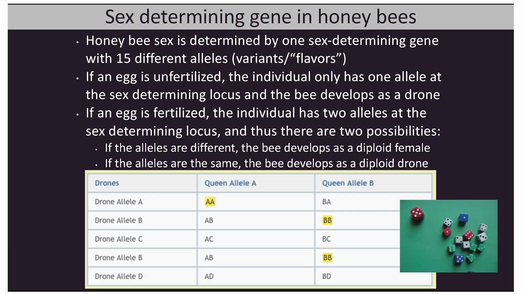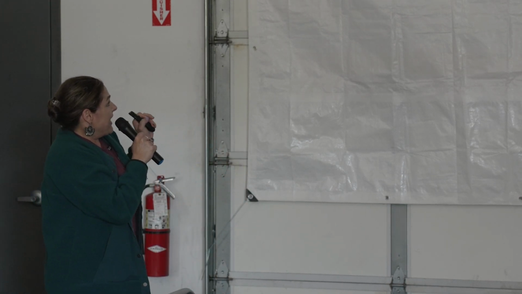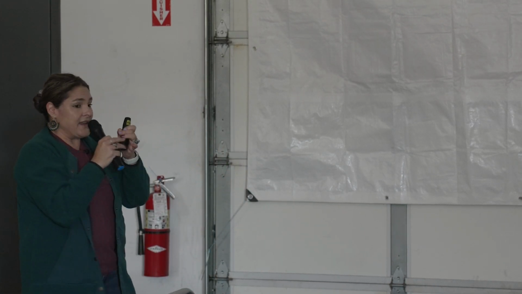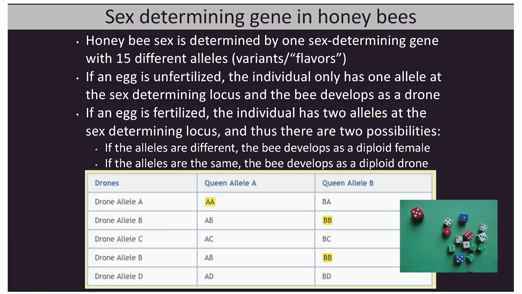What's very interesting in sex determination in honeybees is when the egg is fertilized. If that egg is fertilized, then that individual is going to have two flavors of that allele, one from the mom, one from the dad.